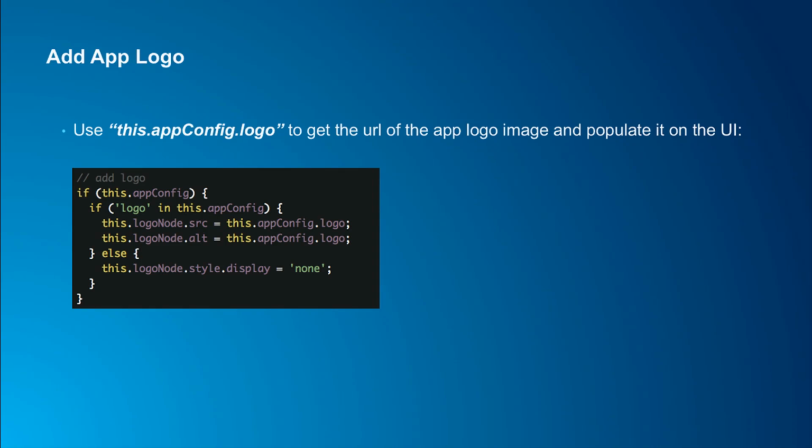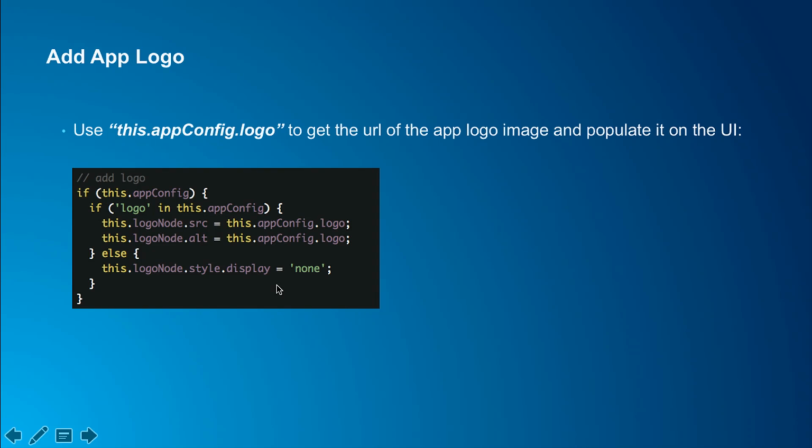We call that property, and within this JSON object, it contains the logo, which is the URL pointing to the logo image. Then when we get that, we just simply update the UI and display the logo.